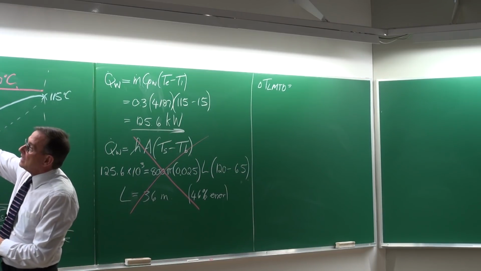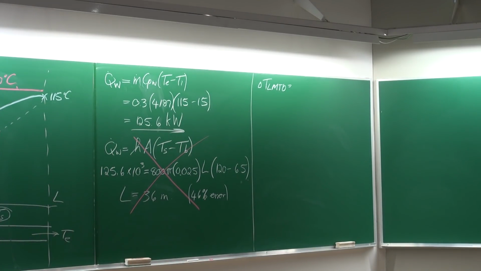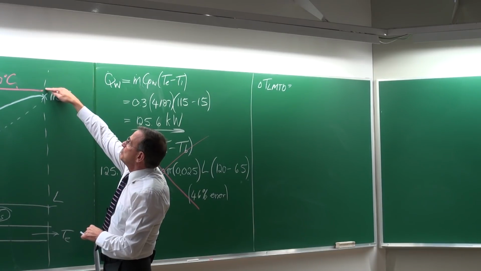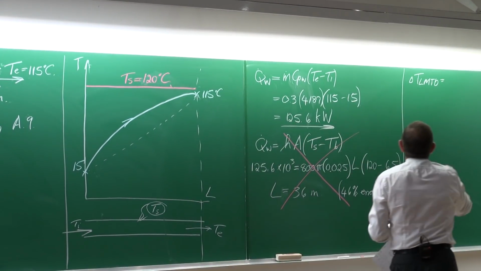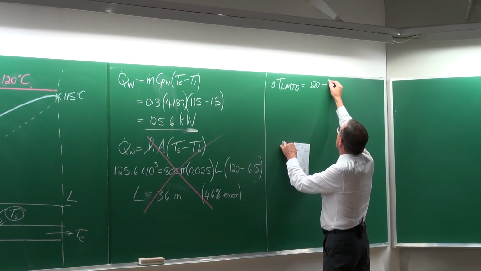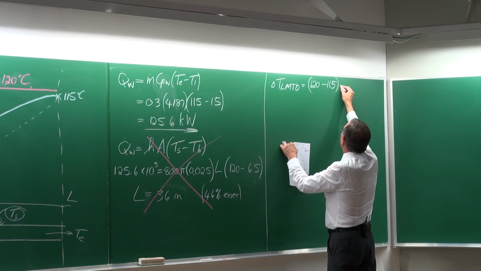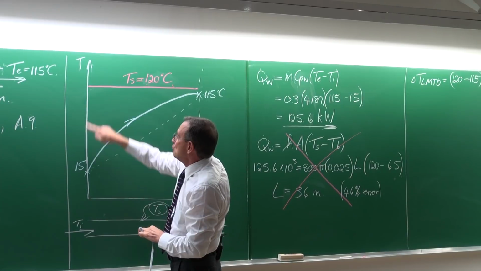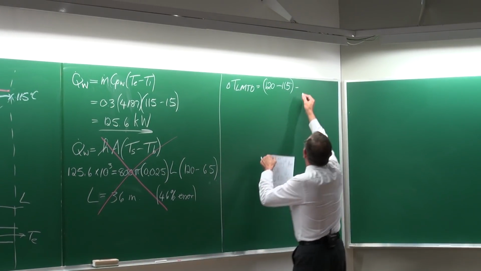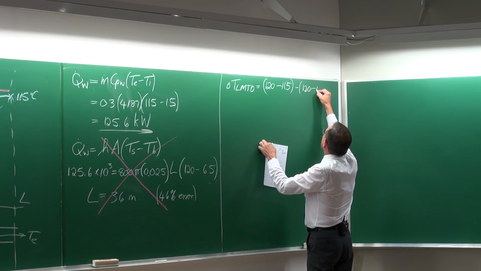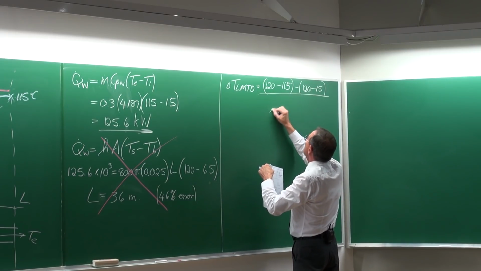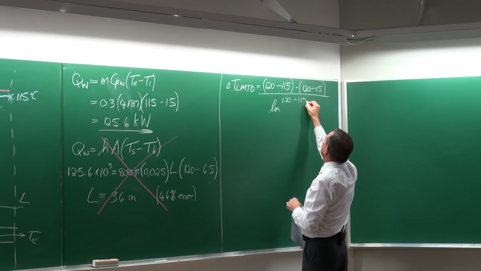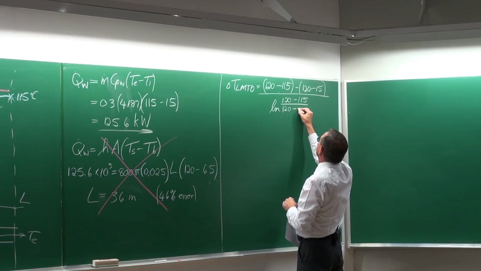It is the delta T at the outlet, that temperature minus that temperature, 120 minus 115, minus the temperature difference at the inlet, 120 minus 15, divided by the ln of the first term, 120 minus 115, divided by 120 minus 15.